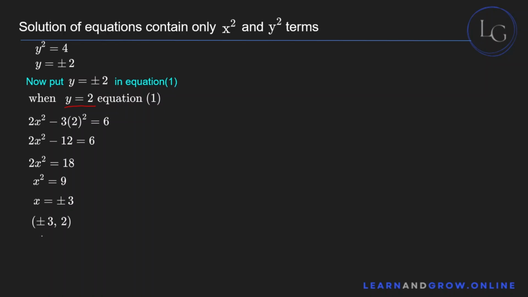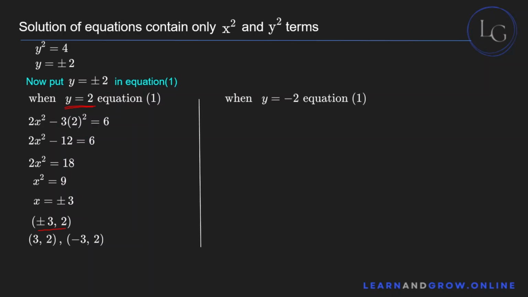So you have this as a solution, and this has two solutions basically. One is with positive 3 as the value of x, and one is with negative 3 as the value of x. The value of y is 2, obviously, because you took that as the first step.